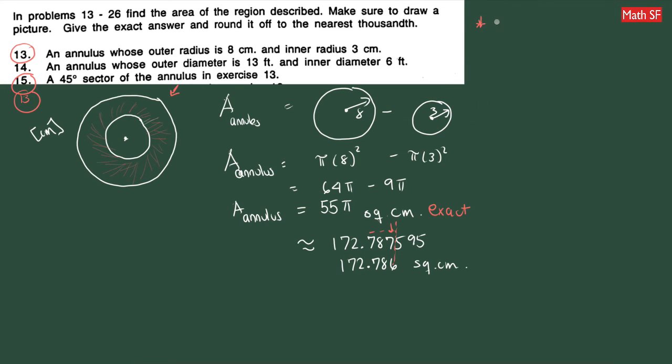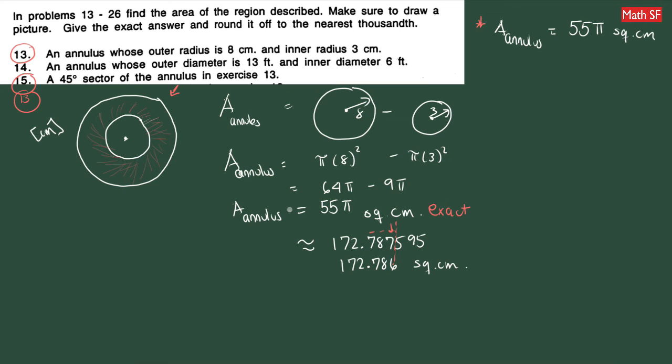Area of the annulus, of the entire annulus, is equal to 55 pi square centimeters. And I'm going to erase this part here, so I get the problem here.